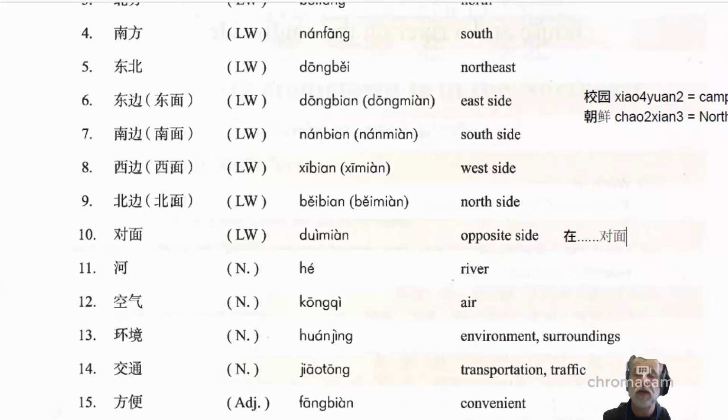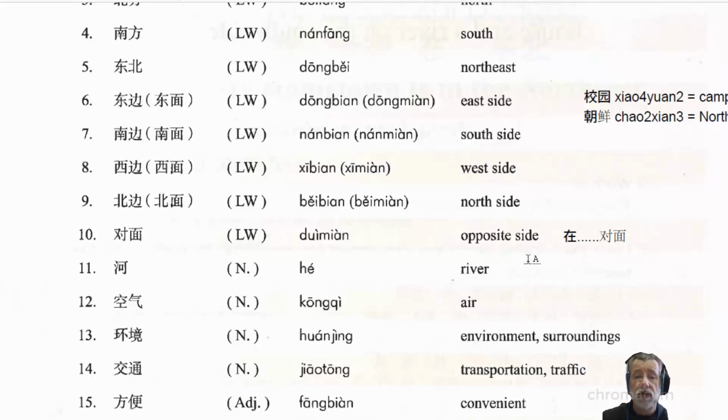So here in the middle, you might put again a reference point. So it might be opposite the classroom. Something is opposite the classroom. So you would say 在教室对面. Anyhow, you'll see some more examples of how that works in the dialogues.